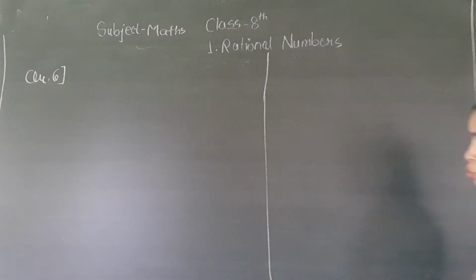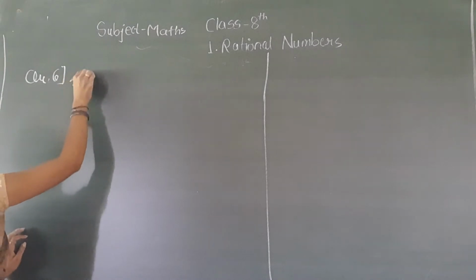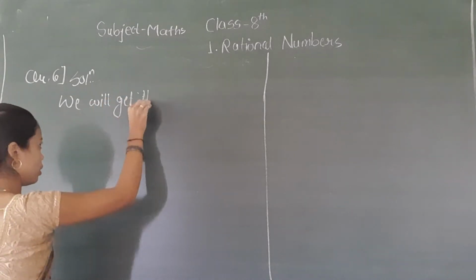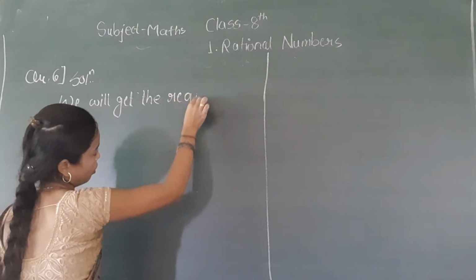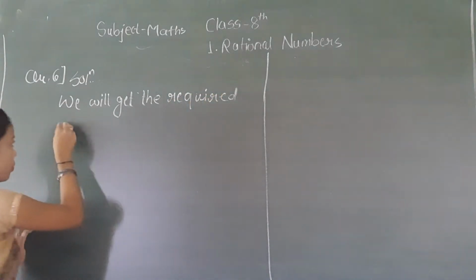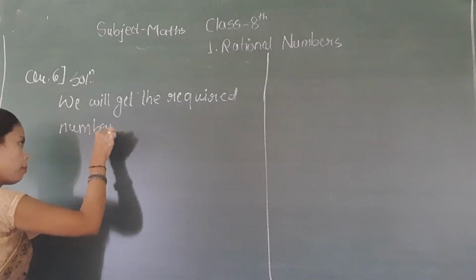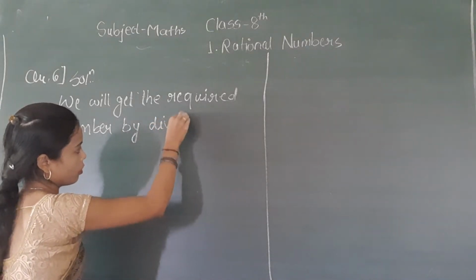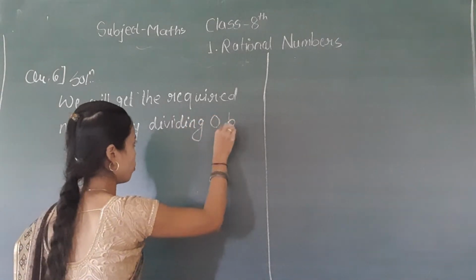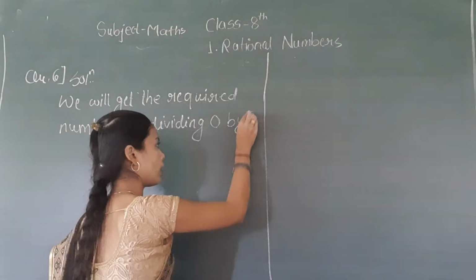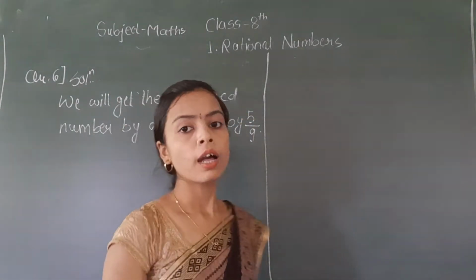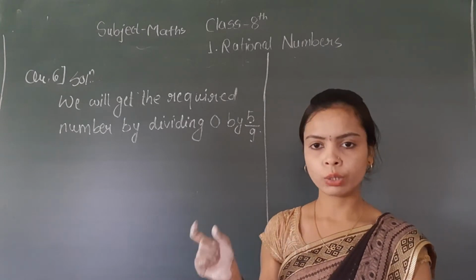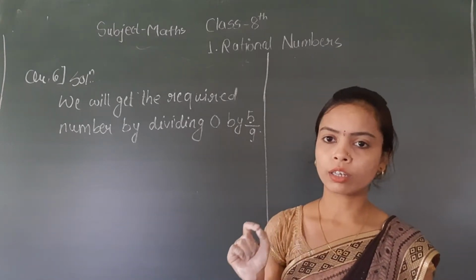Okay, so you have to write the solution as: we will get the required number by dividing 0 by 5/9. अगर आपको बताया जा रहा है कि दो नंबर्स का मल्टीप्लिकेशन करने पे ये आंसर आता है, उसमें से एक आंसर अगर आपको गिवन है तो दूसरा आंसर निकालना है, तो जो आपका प्रोडक्ट होता है उसमें से जो वन नंबर आपको गिवन होता है आप उसको क्या करते हो? डिवाइड करते हो.